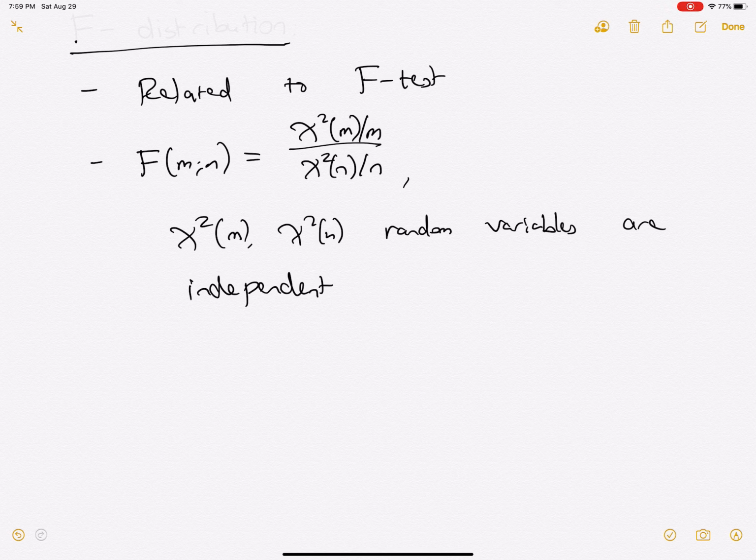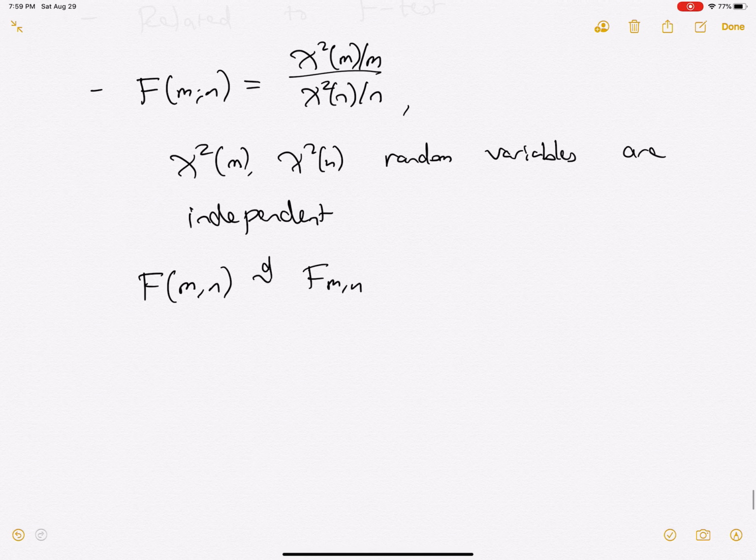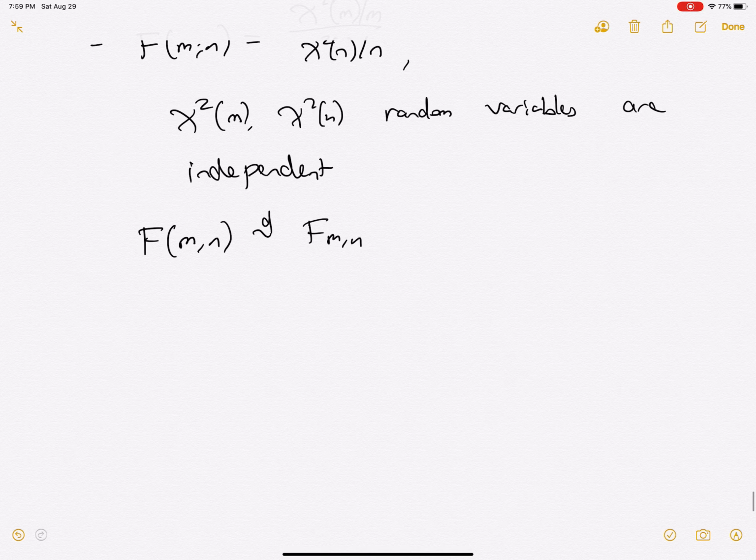Then what we have here is given by this f distribution, and the mathematical form of this PDF is quite complicated, so I'm not going to talk too much about where that comes from, but just know that this is the f distribution.